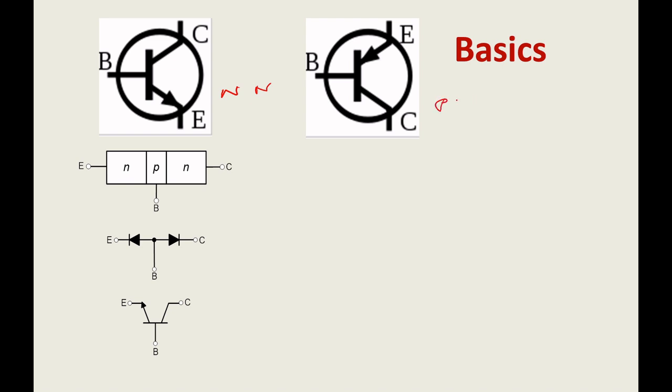This is NPN and this is PNP. How are we saying so? Because of this arrow. When you see the NPN, it is not pointing towards the base. But when you look at this one, it's pointing towards the base.